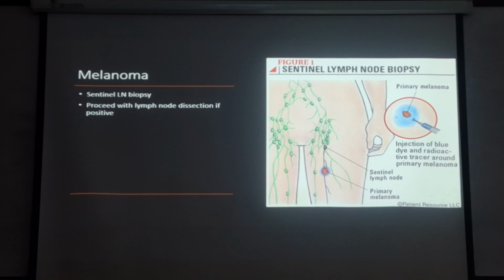If you see a blue lymph node that is reactive with the Geiger counter, that's what you submit to the pathologist for examination, a frozen section. The pathologist will determine if there are malignant cells present in that lymph node. If there are, you proceed with a formal inguinal lymph node dissection. If they are negative, that's it.